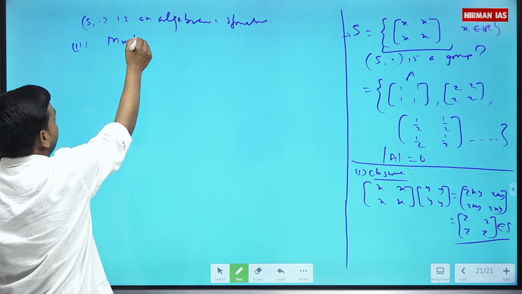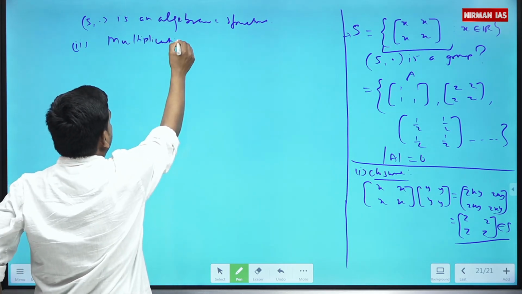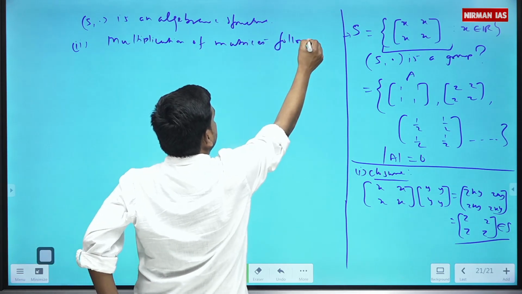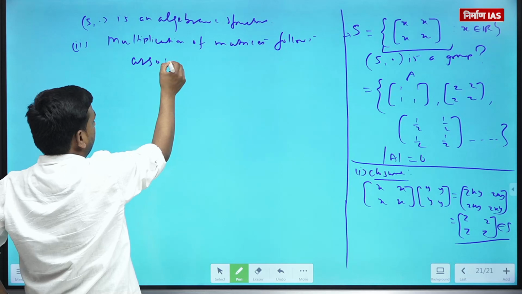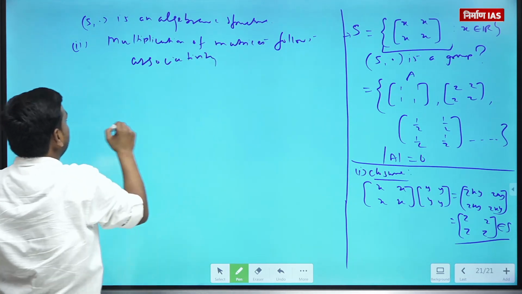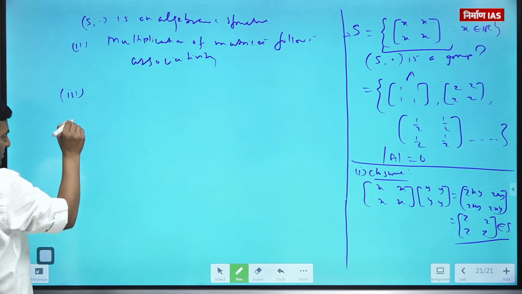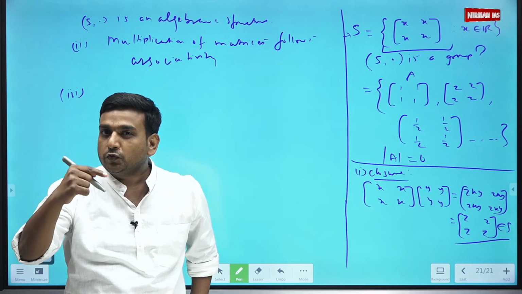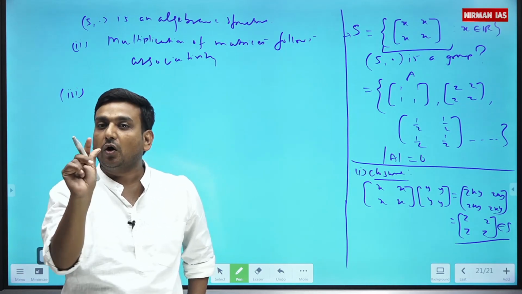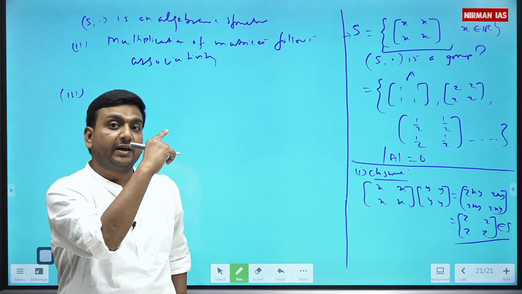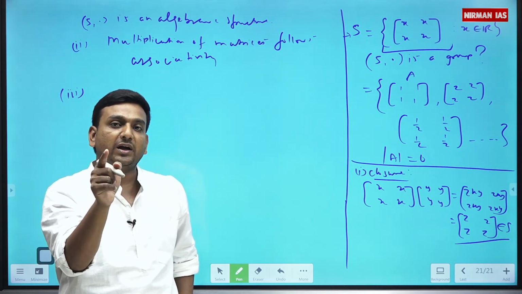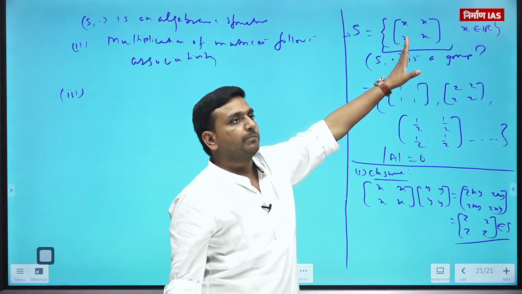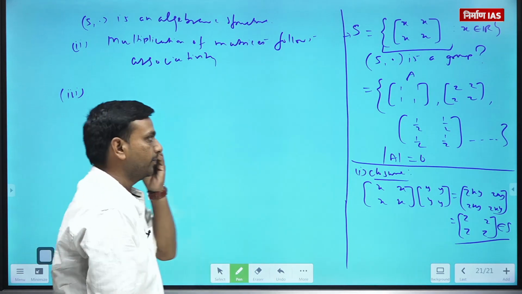Now, second, what do you wish to have? Associativity. So multiplication of matrices follows associativity, right? Number third, for the identity axiom, what is the definition? We need to show the existence of some element in your set S such that on multiplying that matrix with any matrix of this set, we get that matrix itself.